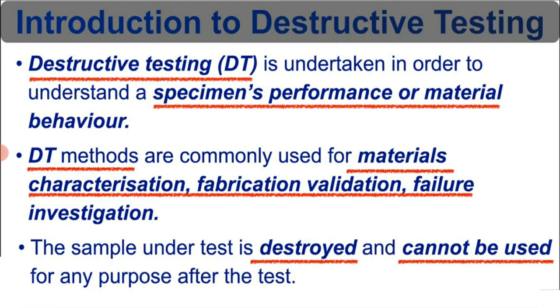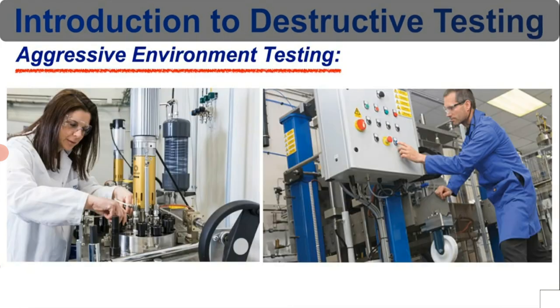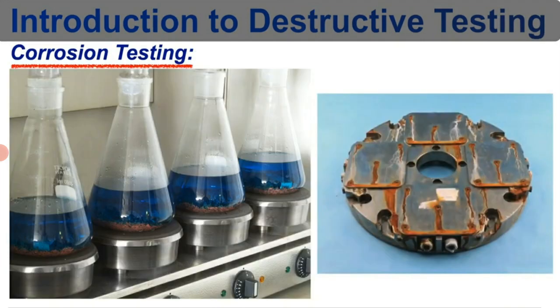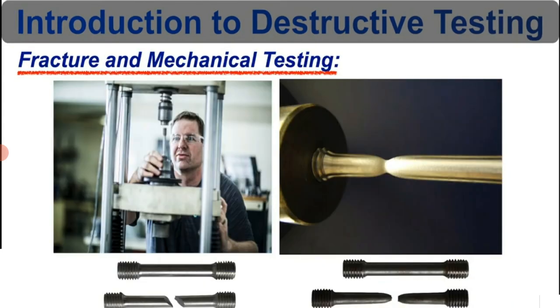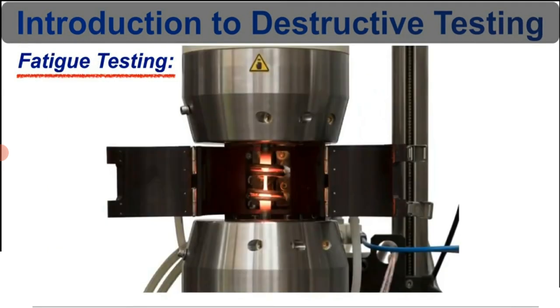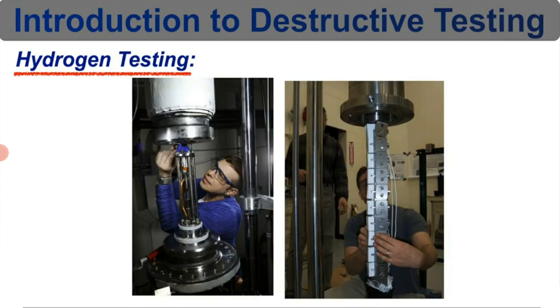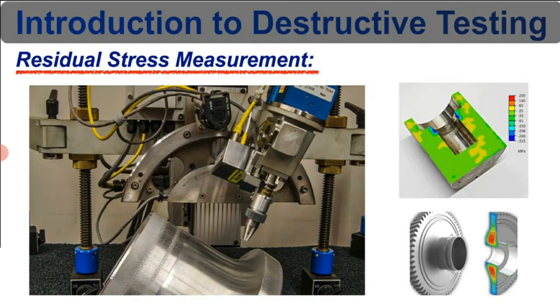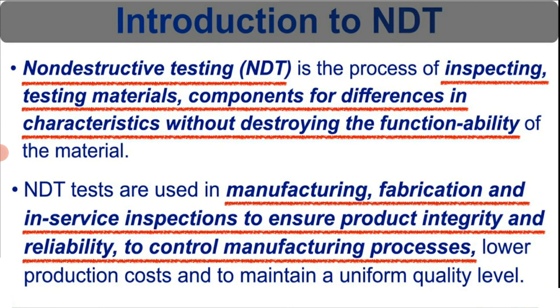This is destructive testing. So which types of destructive techniques are there? Aggressive environment testing, corrosion testing, fracture and mechanical testing, fatigue testing, hydrogen testing, residual stress measurement.